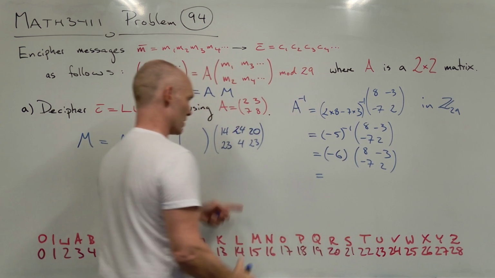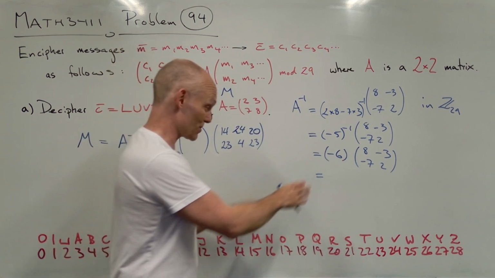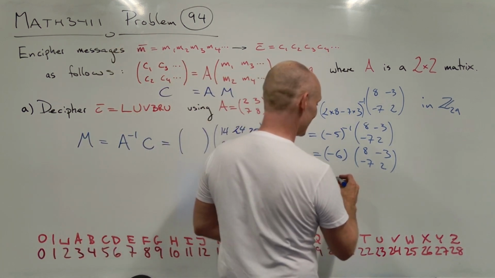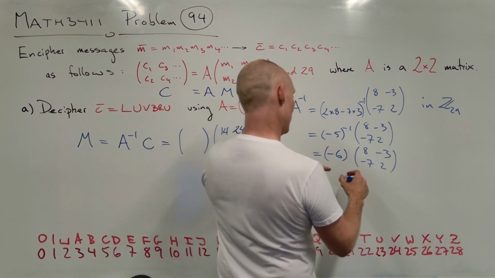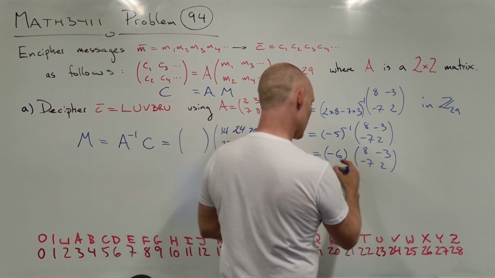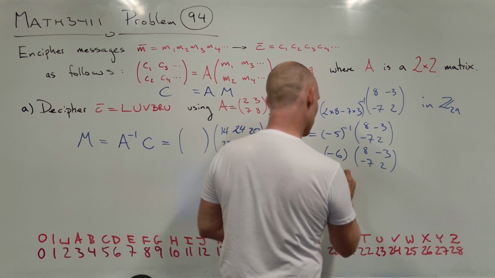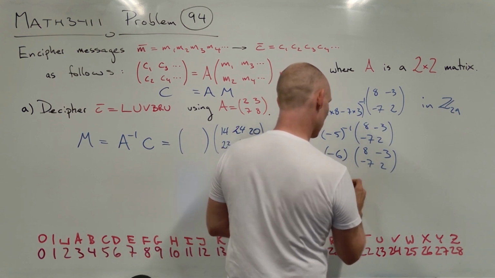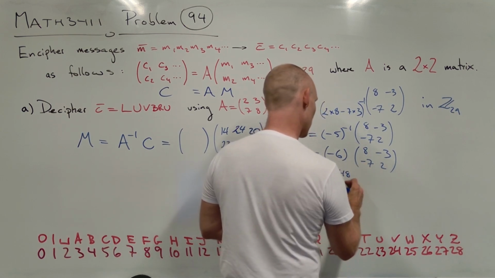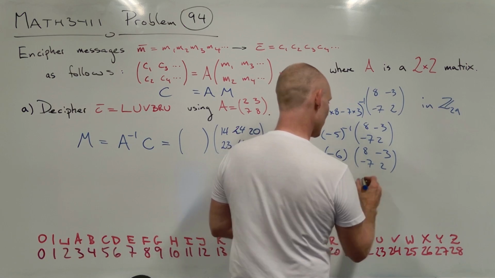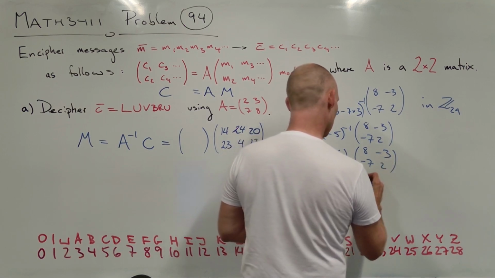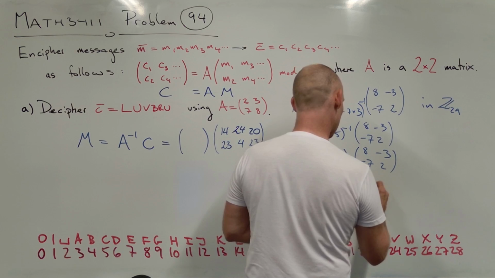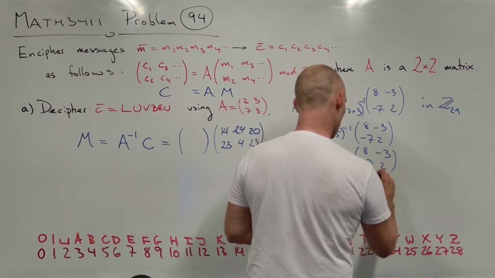I'm soon going to run out of space here, so I should hurry up and calculate it. So I have minus 6 times 8, that's minus 48. And then I've got minus minus 6 times 7, that's 42. And minus minus 6 times 3, which is 18. And finally I have minus 12 there.